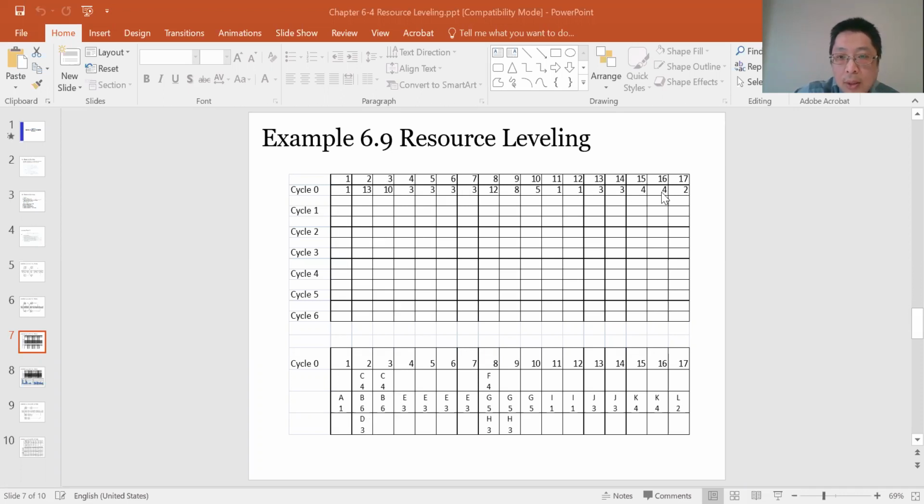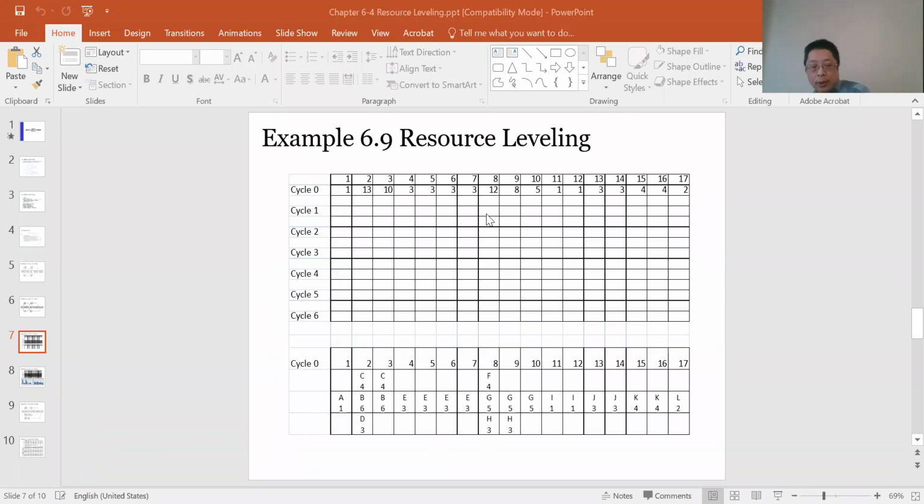So this is the current resource distribution before we do any analysis. We're going to make adjustments because we want leveling, rearranging those resource distributions. That's our purpose. So this is the distribution table, and this one is the bar chart. We're going to do analysis based upon these 2 tables.